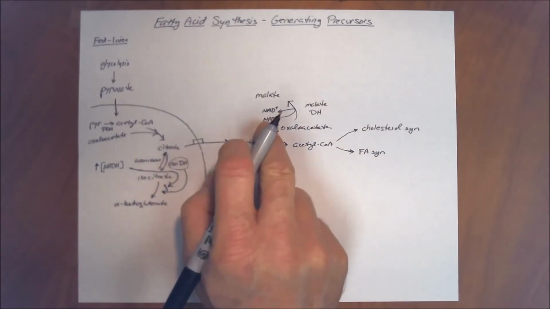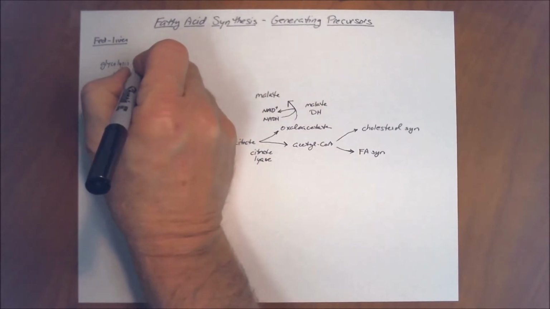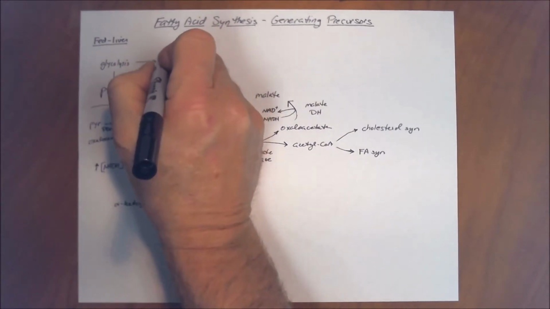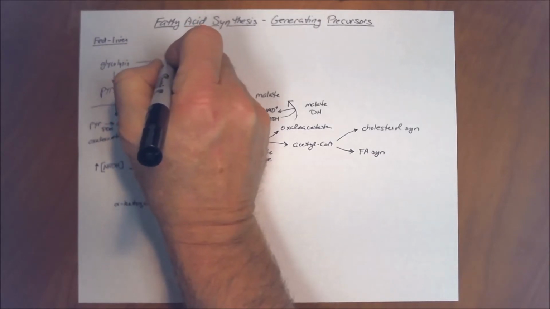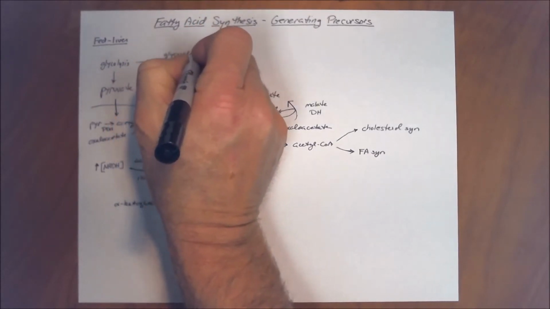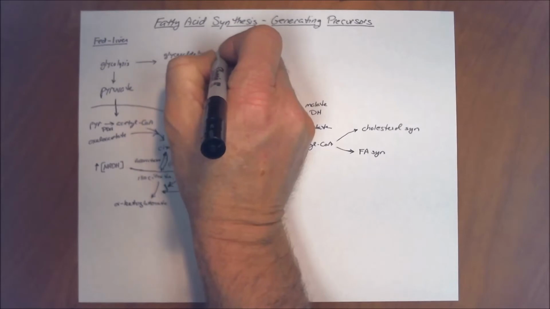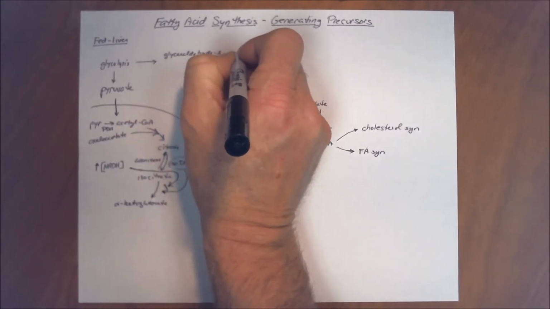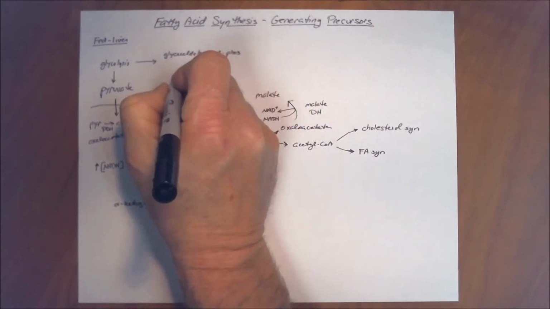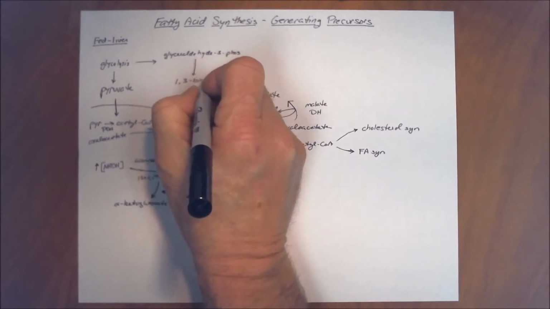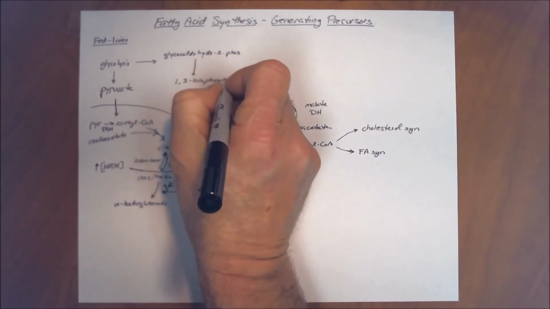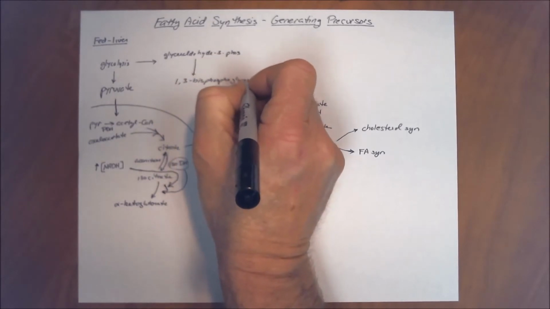Now recall this NADH is coming from glycolysis, which is the conversion of glyceraldehyde 3-phosphate to 1,3-bisphosphoglycerate.